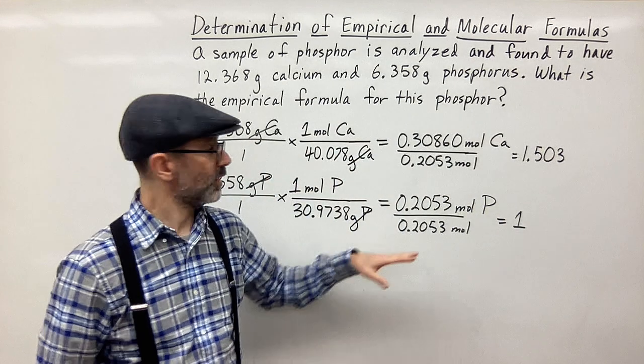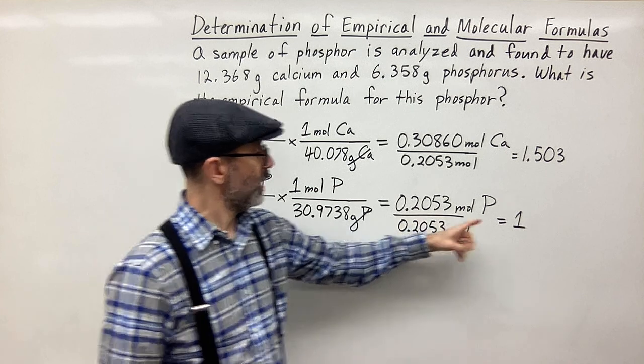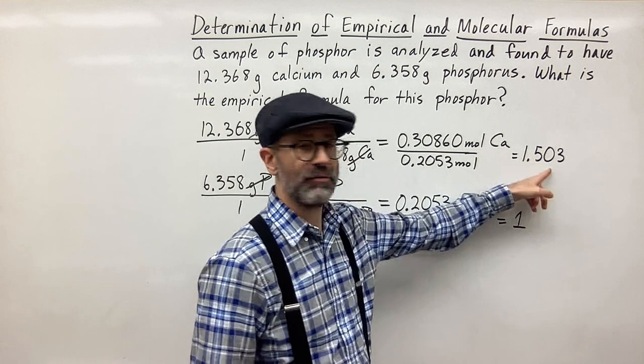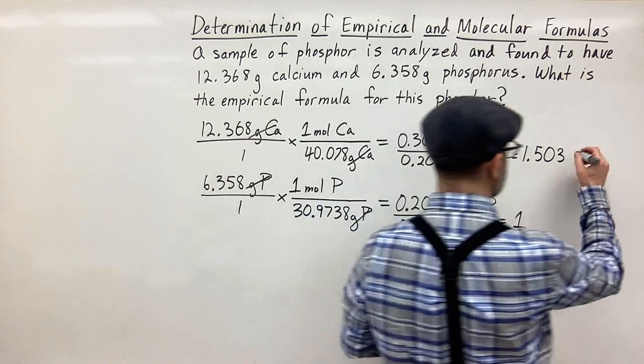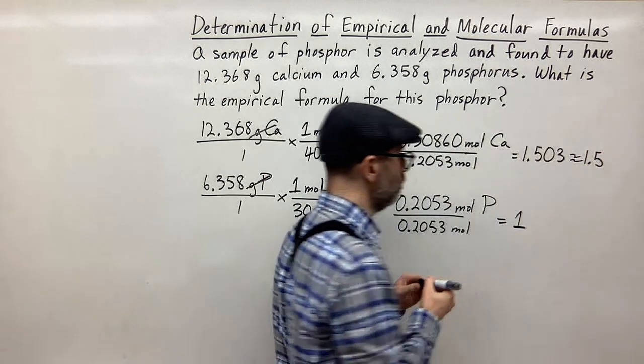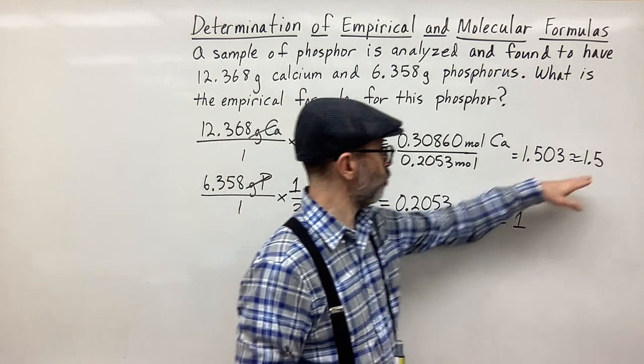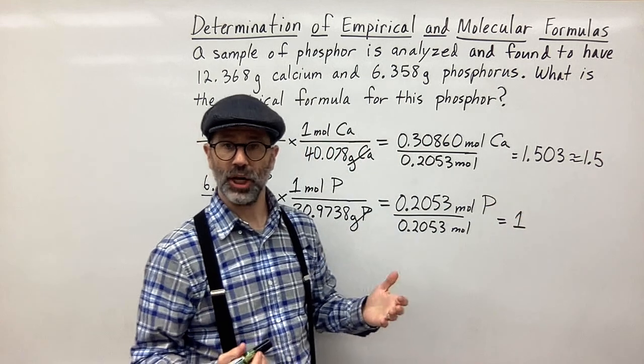So if I divide both of these by the smallest one, I get a 1 to 1.5. So this is basically pretty much 1.5. So I get a 1 to 1.5 ratio.